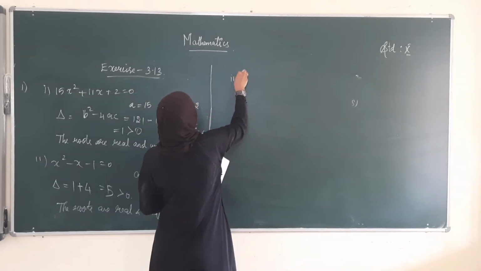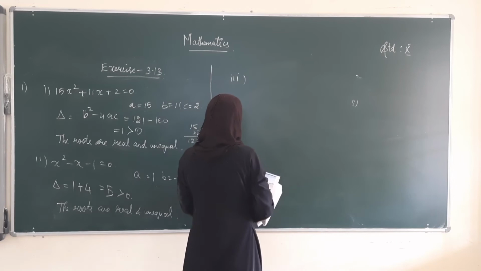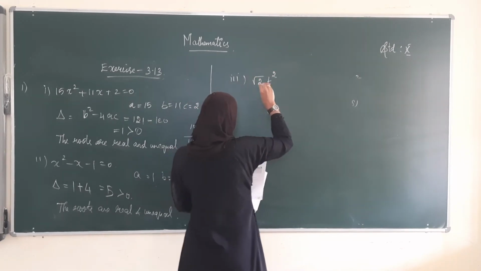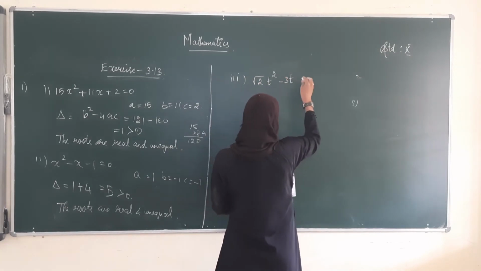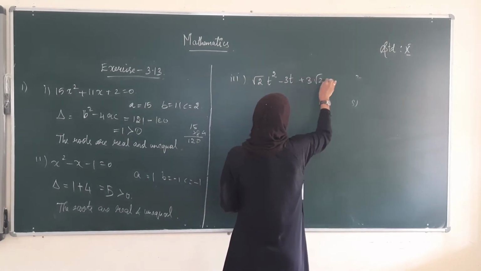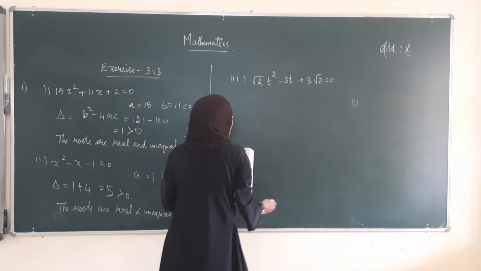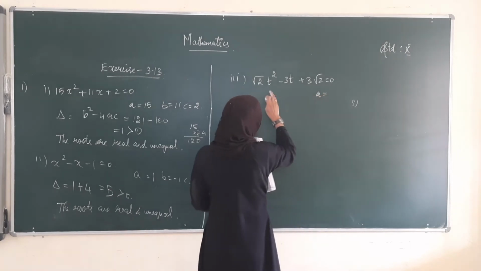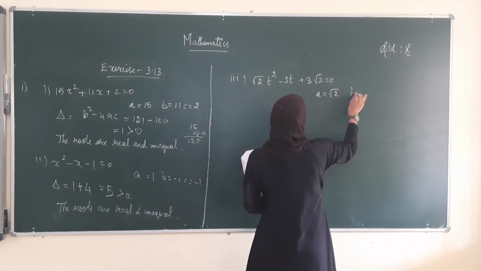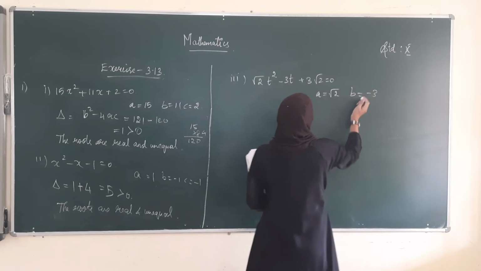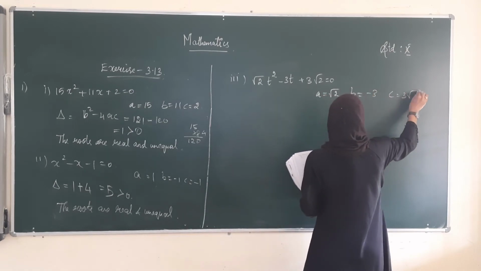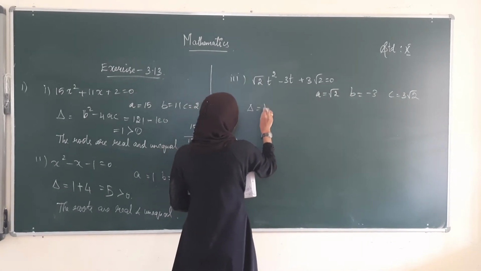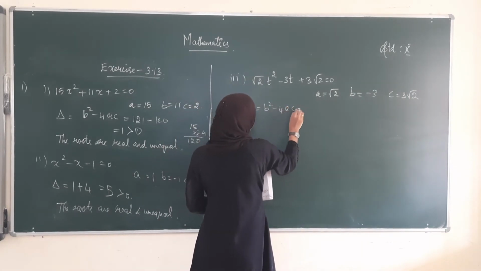Now let us see the third subdivision. What is the third subdivision? Root 2 into t squared minus 3 into t plus 3 into root 2 equal to 0. Here the variable is t. From this we can write the values of a, b, c. A is root 2, b is minus 3 and c's value is 3 into root 2. We have to find del, that is b square minus 4ac. B is minus 3.